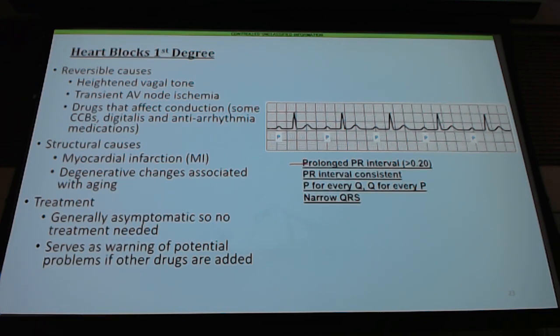So the PR interval for this beat is the same as the PR interval for this beat, which is the same as the PR interval for this beat. So you've got to have that consistency. You also have to have a P for every Q and a Q for every P. So you're not going to have any dropped beats at all with this. And because you are using the conduction system normally, you're going to have a narrow QRS. So that's going to be your criteria for a first-degree AV block.